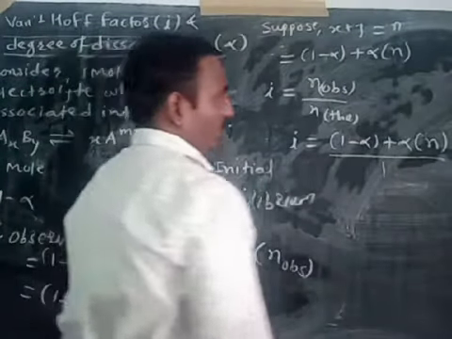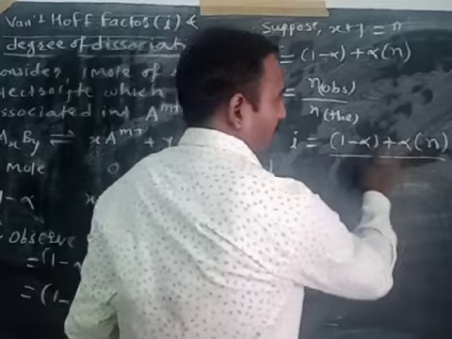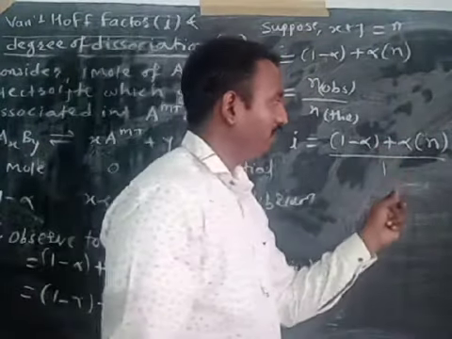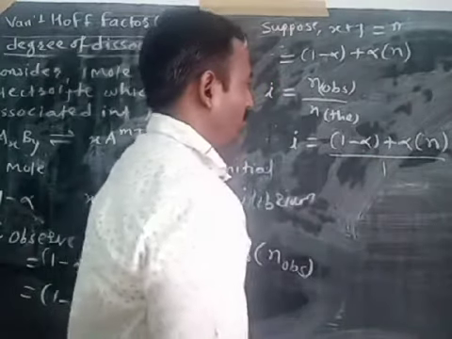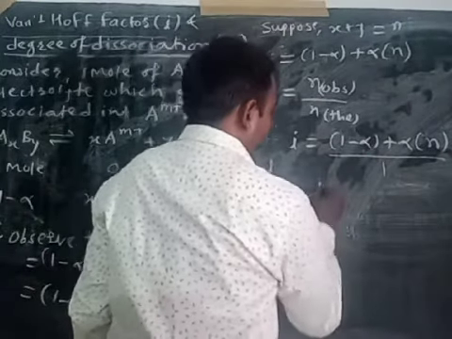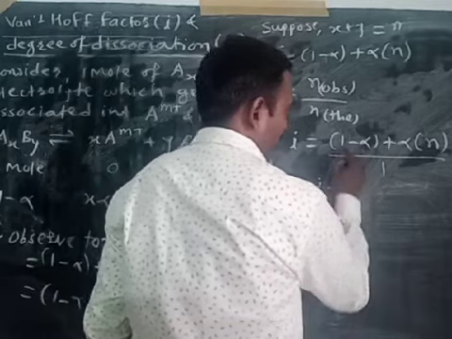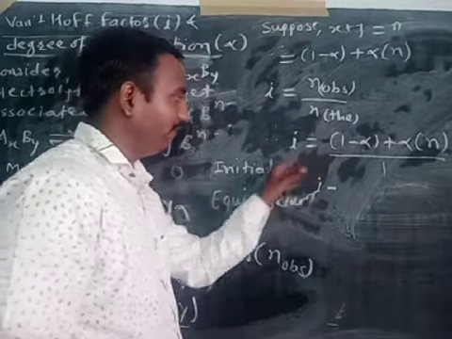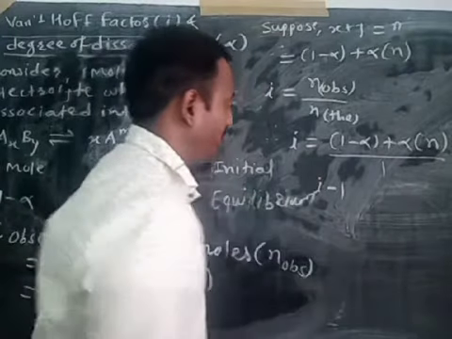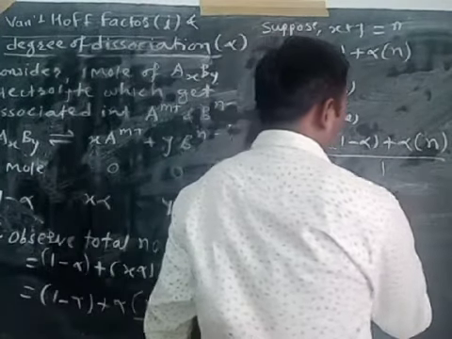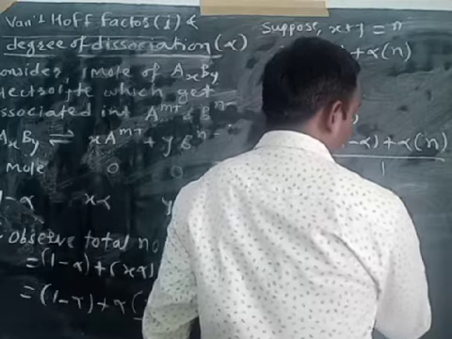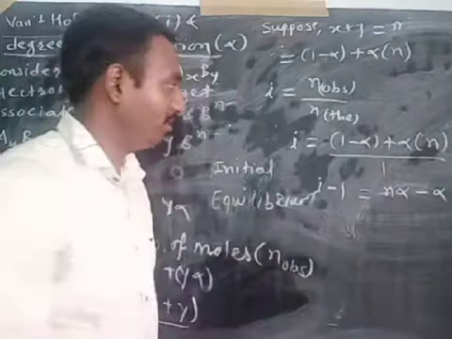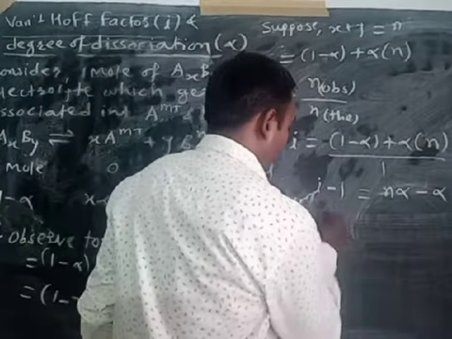Okay, now here there are 2 alpha in the term, so we can take alpha as a common term. This 1 when it goes to the left hand side becomes minus 1, and the equation will be n alpha minus alpha.